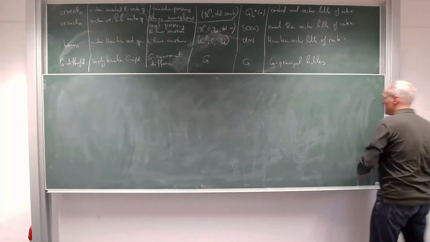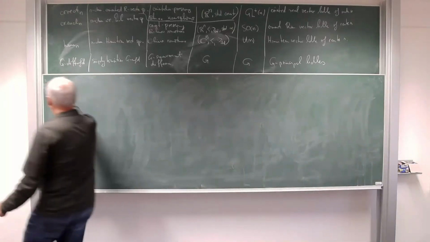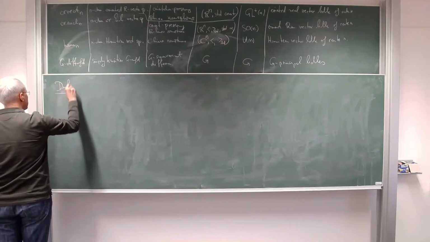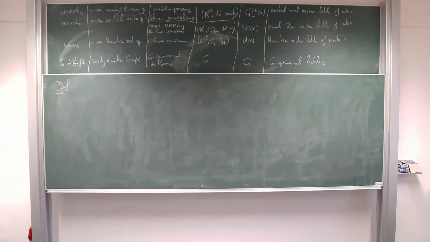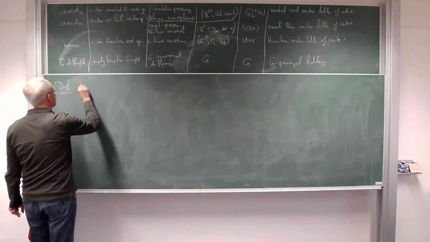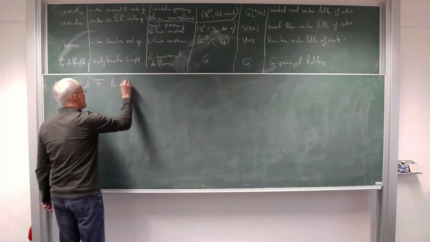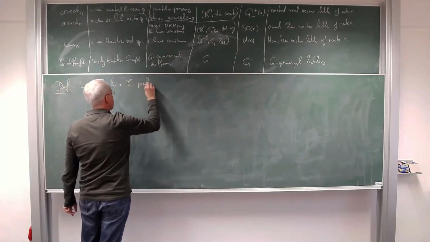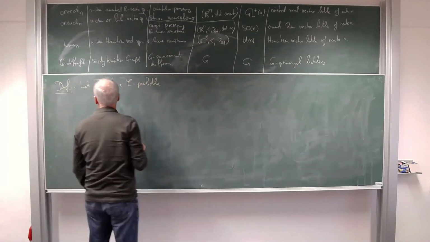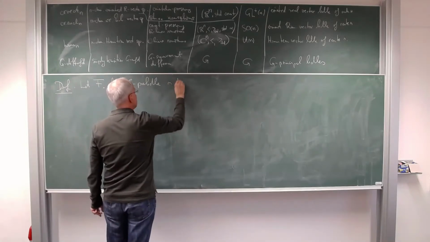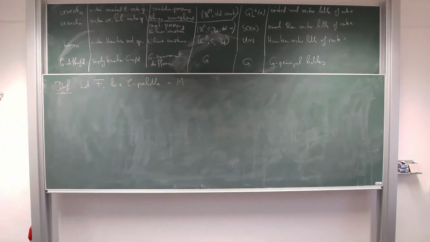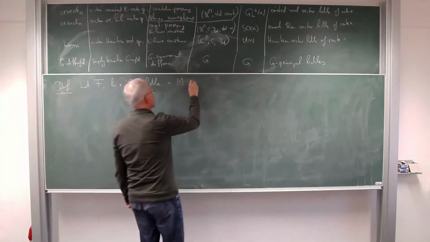The first definition can be done on the level of pre-bundles. So let F bullet be a C pre-bundle on a manifold M with model fiber F.